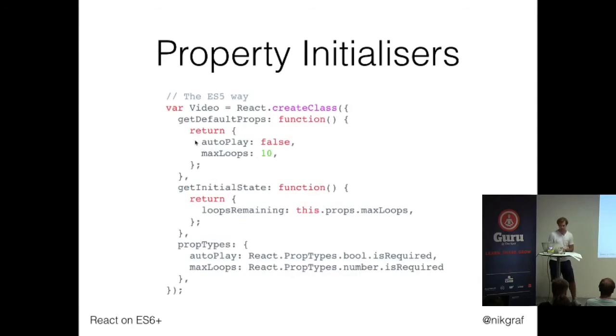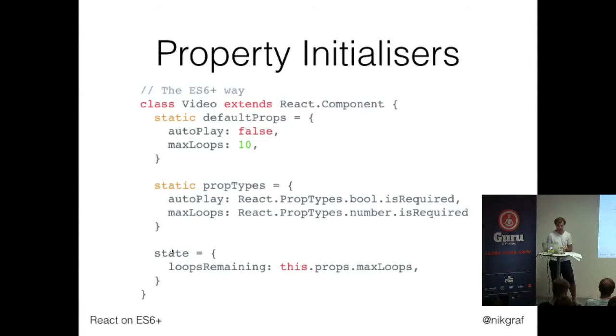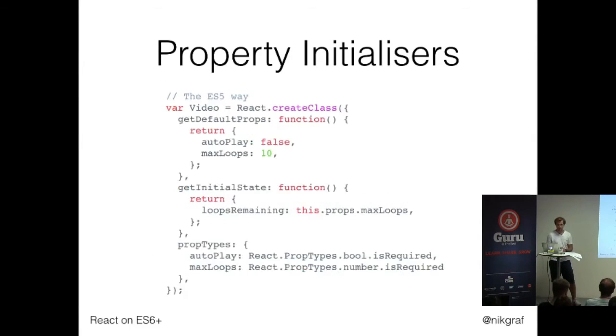And just to show you the direct comparison, if you have getInitialState here, before you had a function. This function was called every time a React component gets initialized, because React works that way, and then you basically return the object how it looks like. In the future, or actually nowadays, you simply define a state as a property in the beginning. For default props, it's fairly similar.